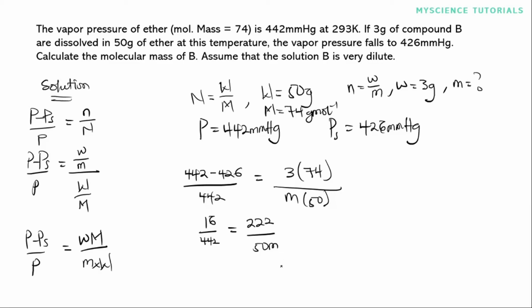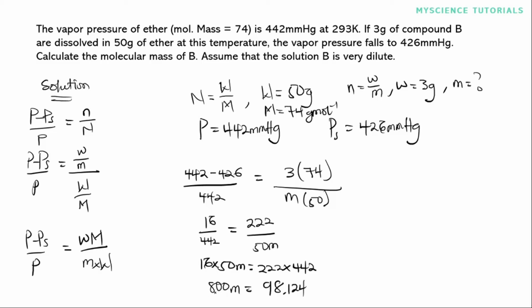If we cross multiply, we get 16 multiplied by 50m equal to 222 multiplied by 442. This side gives us 800m, equal to 98,124.